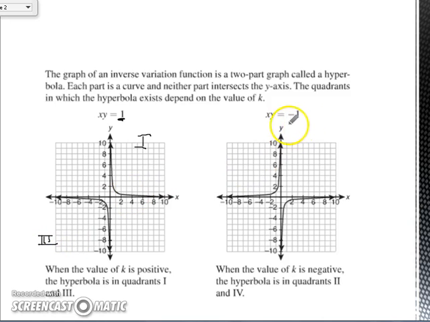And if your k value is negative, your graphs will fall in quadrant 2 and quadrant 4. So just pay attention to that. If k is positive, know it's going to be in these two quadrants. If k is negative, it will be in these two quadrants. And this type of graph is called a hyperbola. So there's two different arcs that don't intersect.